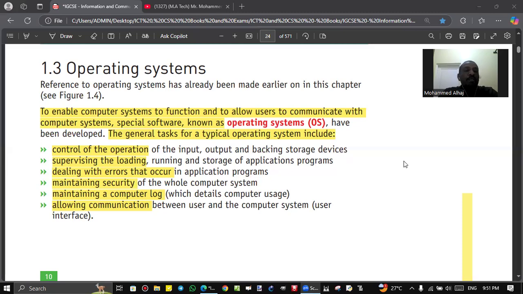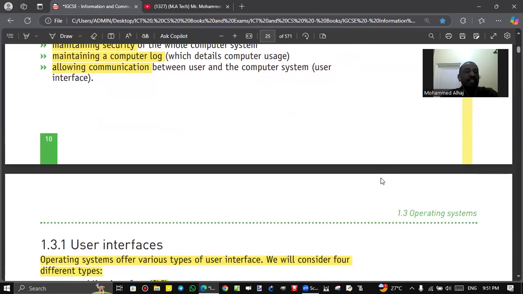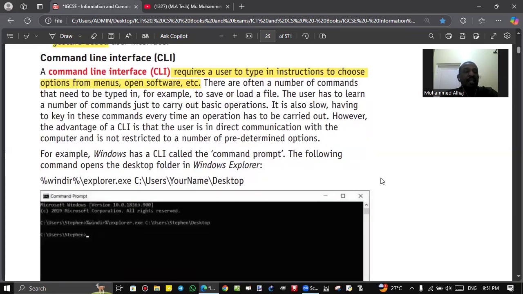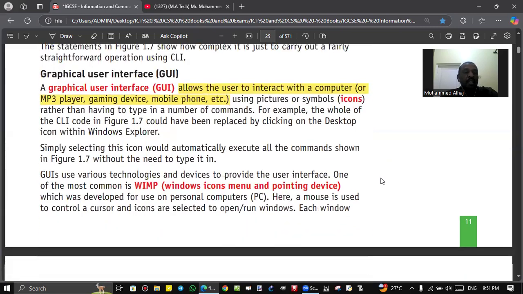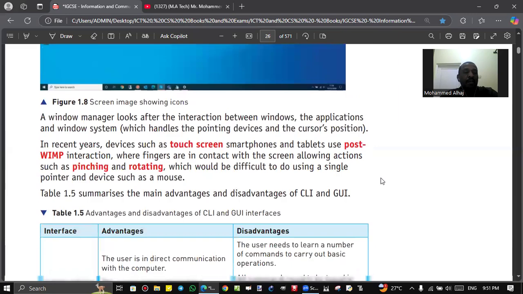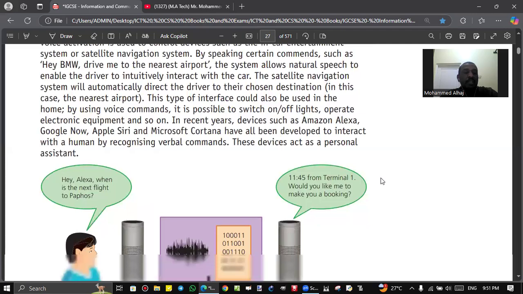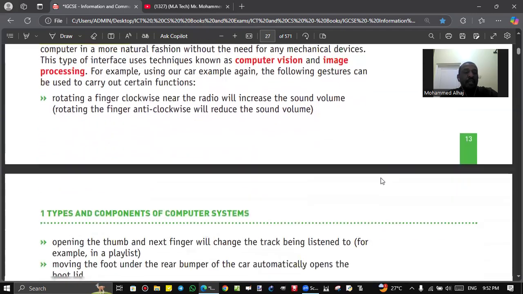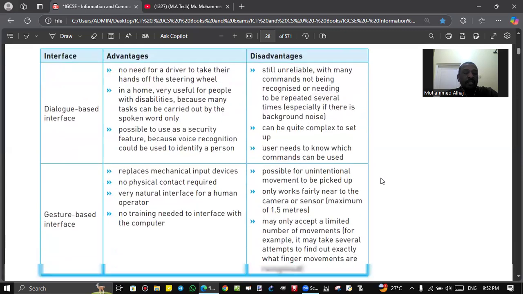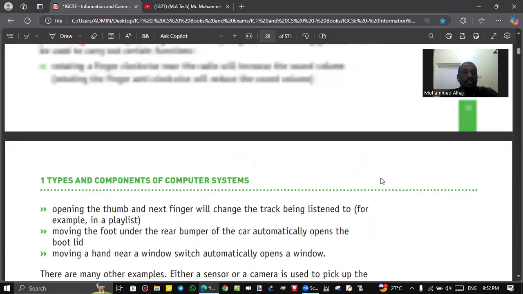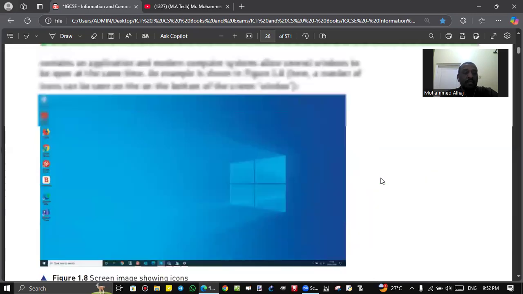We'll learn what the operating system is, then move to the operating system functionalities and the different types of interfaces that we have in the operating system. In addition, we're going to study these different types in detail, as you can see here, up to the end of this section. Let's get started.